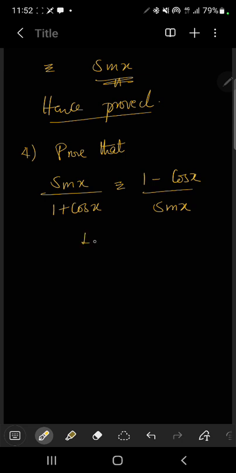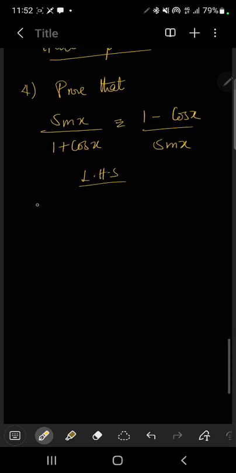So working with the left hand side, I'm going to have sin x over 1 plus cos x. Now, if you encounter an identity of this form, it is always dealt with using the principle of conjugates. In this case, we'll be rationalizing the denominator.